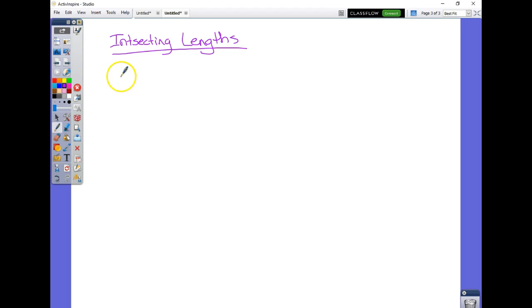If we are dealing with tangents, then we say that the segments are equal distance.